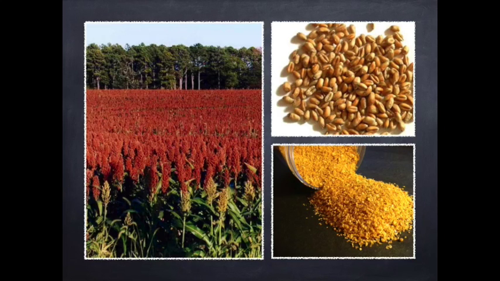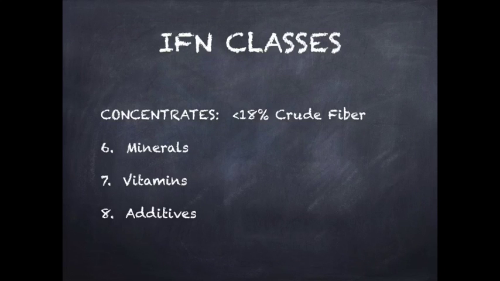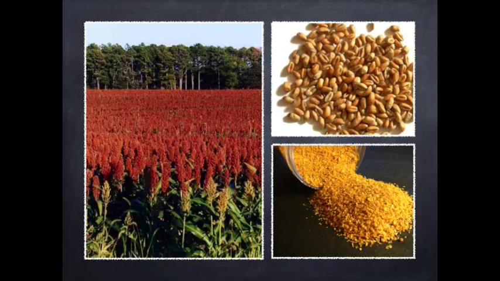here is a picture of a category 4. This is sorghum growing in a field. If we were to harvest these seed heads and feed that cereal seed to livestock, that's an example of a cereal grain, which is an energy feed, or category 4.